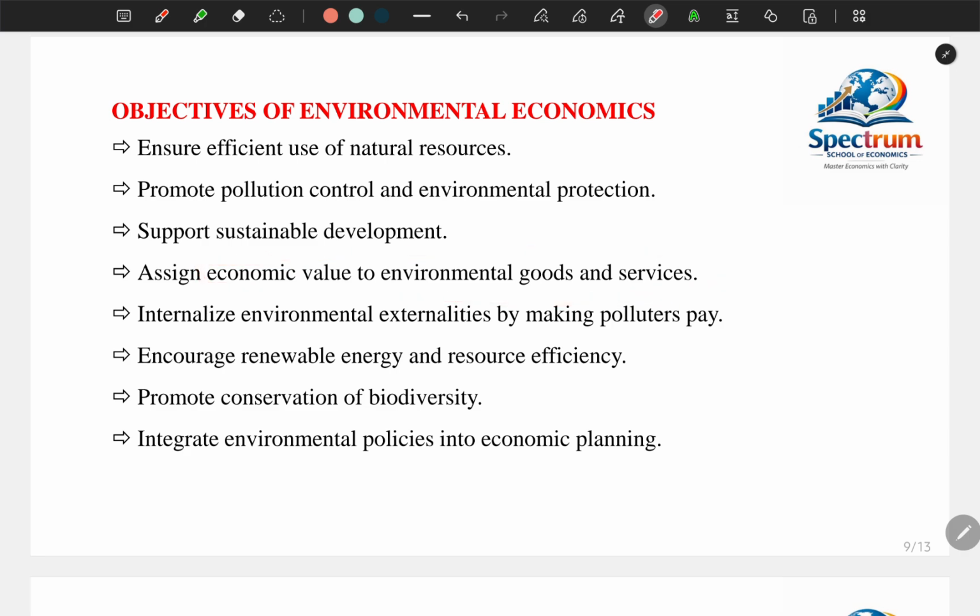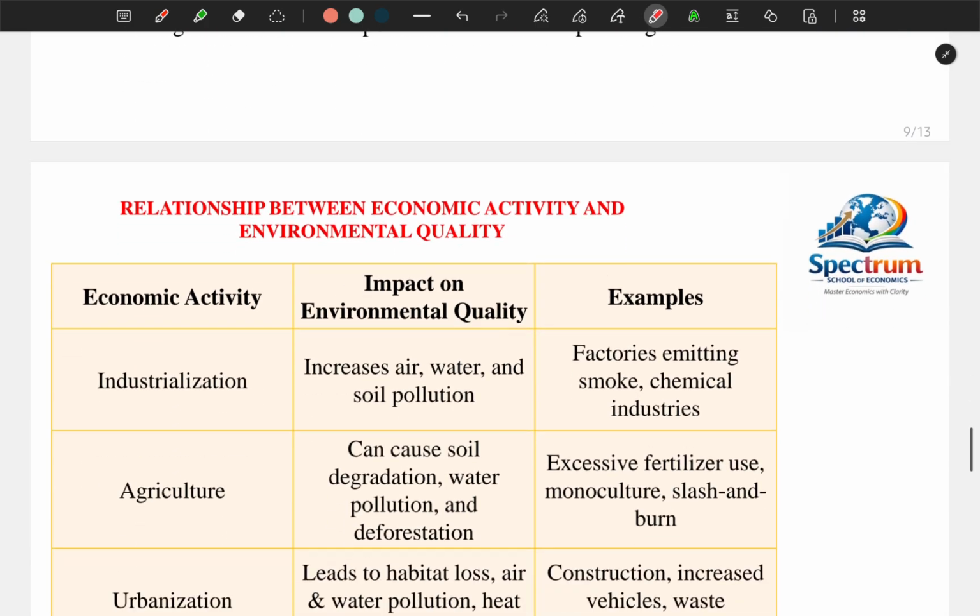It is also helpful in internalizing environmental externalities by making polluters pay, and it encourages renewable energy and resource efficiency and promotes conservation of biodiversity, which is very important. Then it also integrates environmental policies into economic planning. This is all about the objectives of environmental economics.